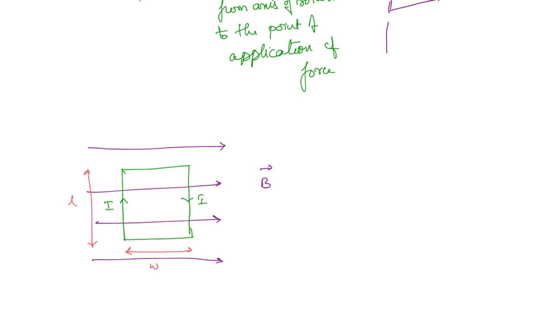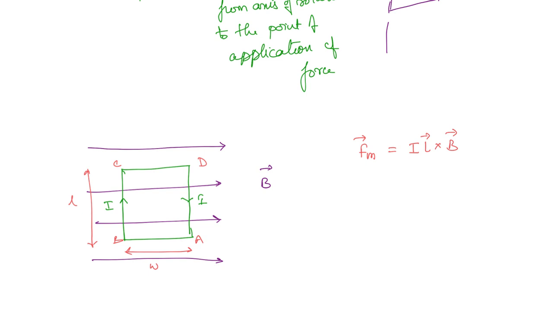If you take this as A, B, C and D. Now what is the expression for magnetic force on a current carrying wire? It is I L bar cross B bar, right? Now if you see, AB and CD are parallel to the magnetic field lines. The length vector, the displacement vector, is parallel to the magnetic field lines.